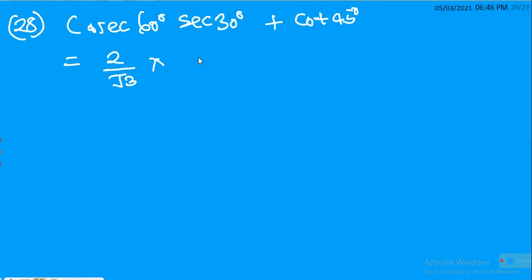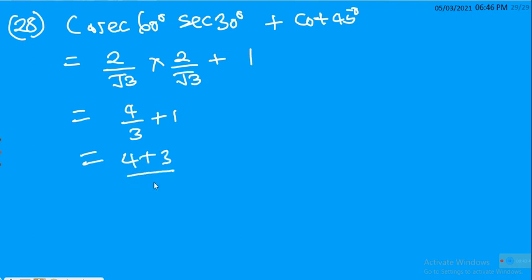Cos 30 is root 3 over 2, so sec 30 will also be 2 over root 3, plus cot 45, which is 1. So this is 4 over 3 plus 1, which is 4 plus 3 all over 3, which is 7 over 3.